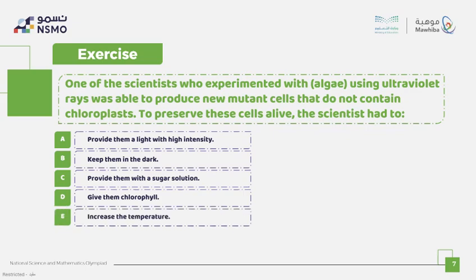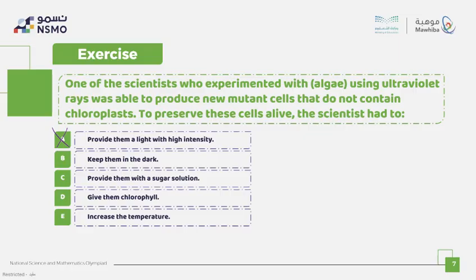Okay, A. Provide them a light with high intensity. Why would that one be wrong? So, if the cell lacks chloroplast, light is useless because there is no photosynthesis machinery. So that would be wrong.